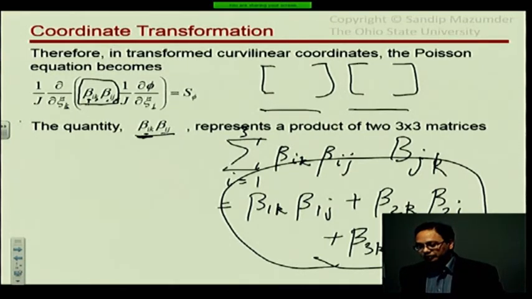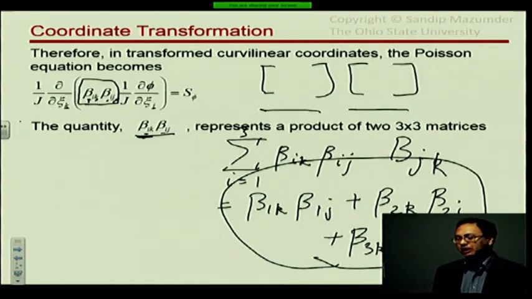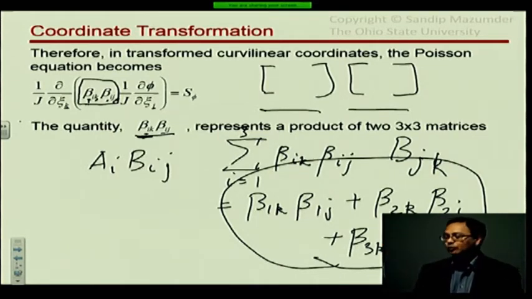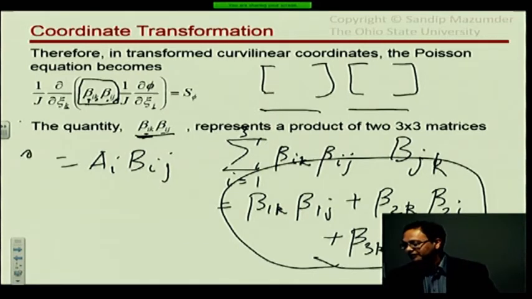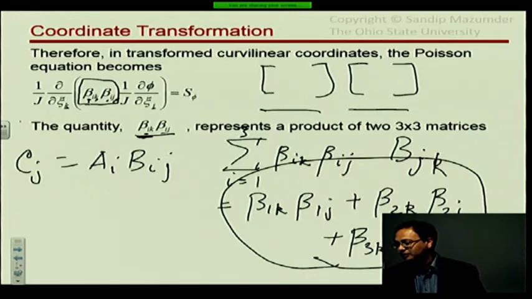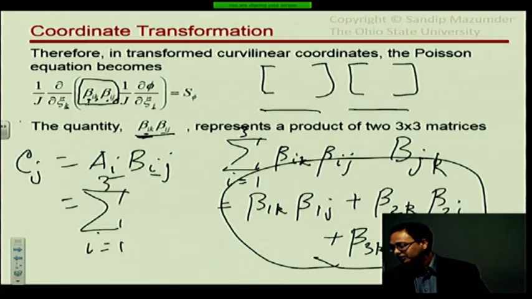You have to remember, suppose I have a multiplication like A i times B ij in tensor notation. If I write this as C, what's going to be the index of C? C j, because I'm summing over i, from i going from 1 to 3 of A i B ij.